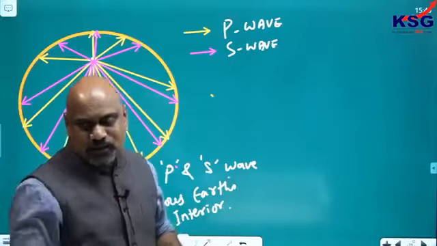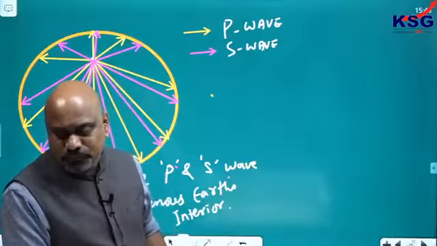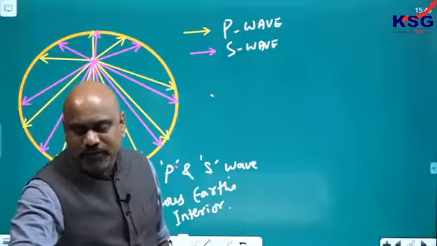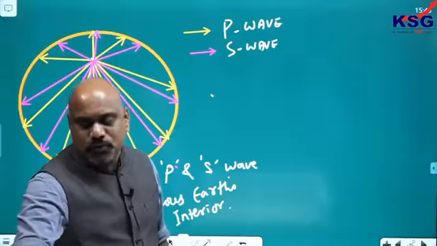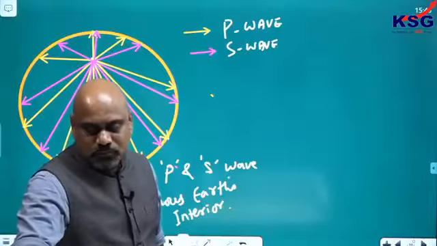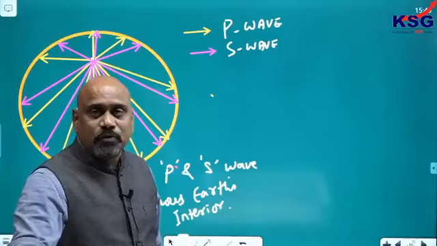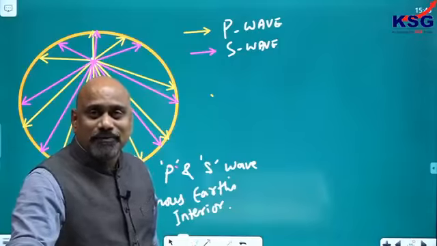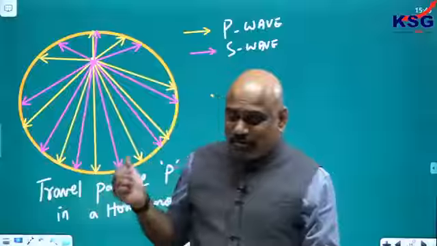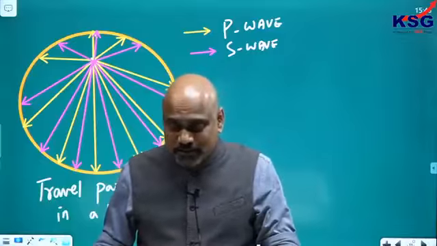I believe that all of you must have studied chapter 2 of your NCERT book. Earth interior chapter you have to study, and continental drift also. Tomorrow I will discuss that.